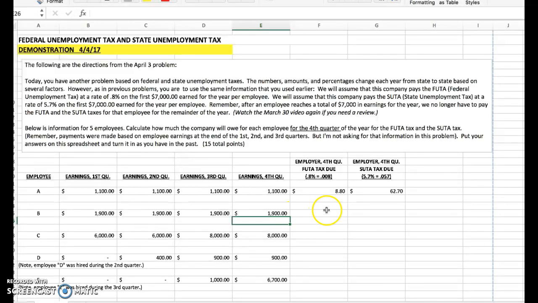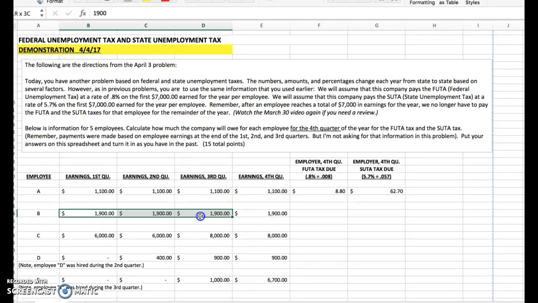And this is where it becomes complicated. So we need to know that after 3 quarters, this employee, let's just put it right down here so we can see it, earned a total of $5,700. Now, in the fourth quarter we have to pay up to $7,000.